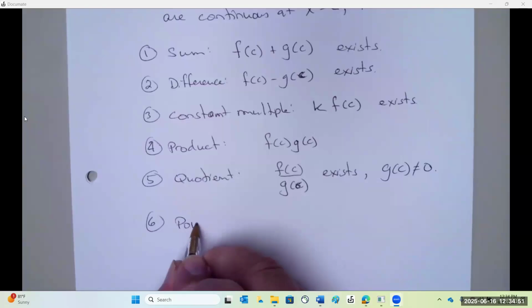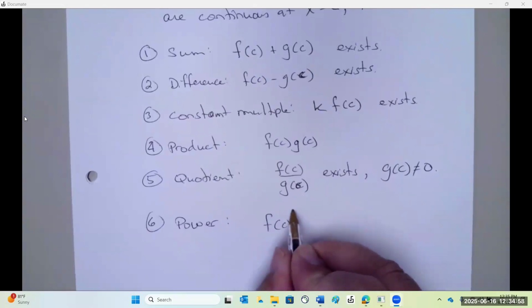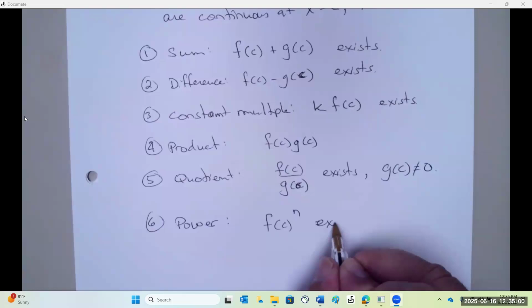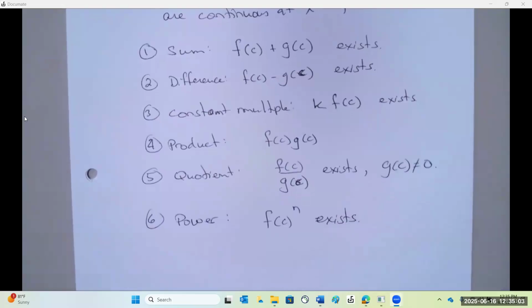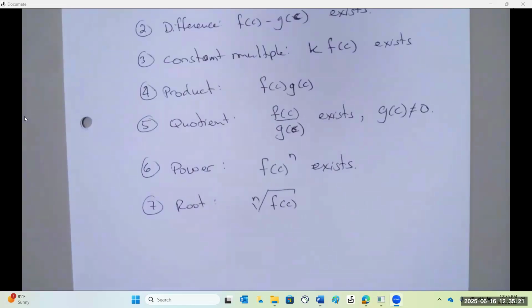The power rule says that f of c to a power exists. Clearly, because if f of c exists, then any number that exists to a power also exists. And then the root. If f of c is a number, then you can take the cube root of it or nth root of it.